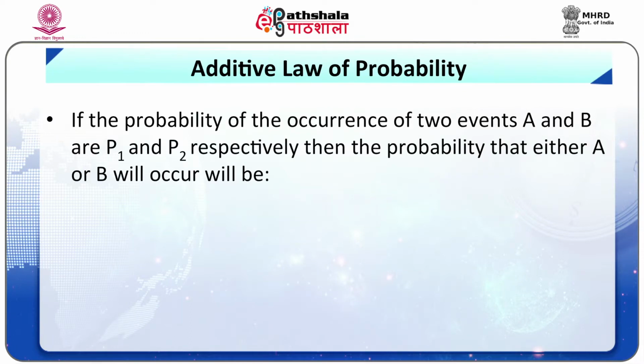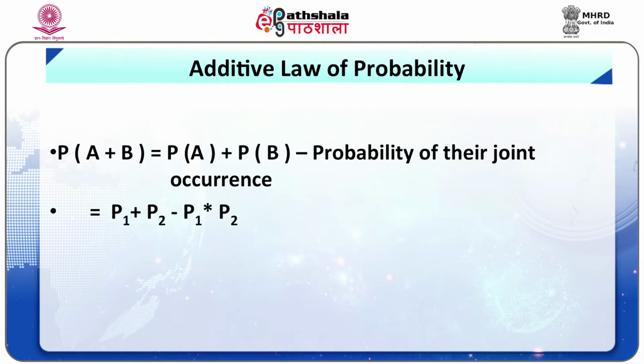If the probabilities of the occurrence of 2 events A and B are P1 and P2 respectively, then the probability that either A or B will occur is P(A+B), which is equal to probability of A plus probability of B minus probability of their joint occurrence. It can also be written as P1 plus P2 minus P1 into P2.